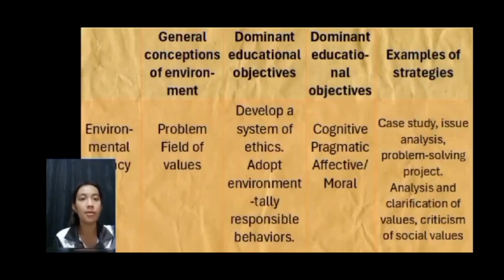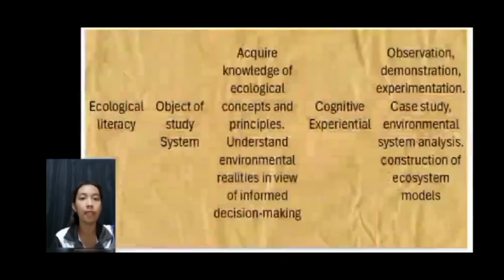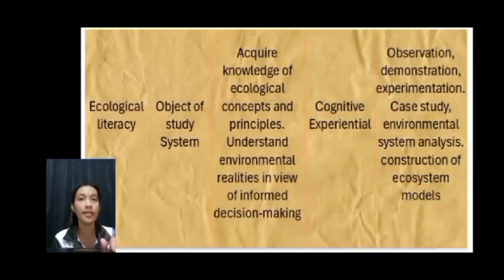The general conception of environment of ecological literacy is object of study: system. We say object of study system is the interconnected system of living organisms and the environment. Ecological literacy focuses on understanding the relationships, the dynamics, and the dependencies within the ecosystem. It includes knowledge about biodiversity, ecological processes, and the impact of human activities on the environment.